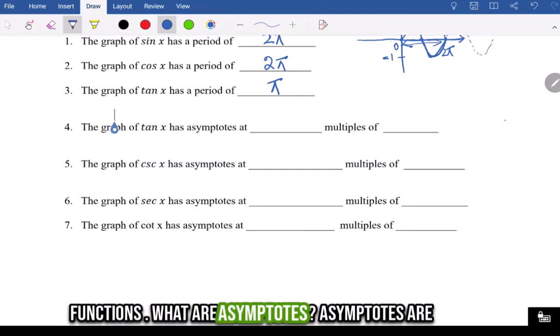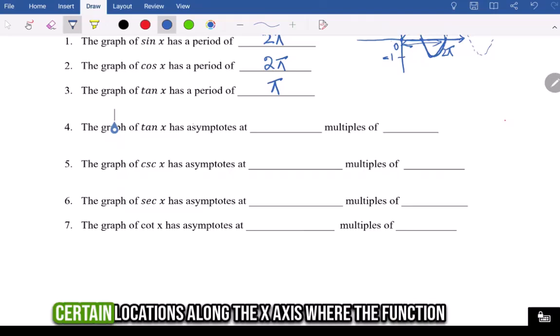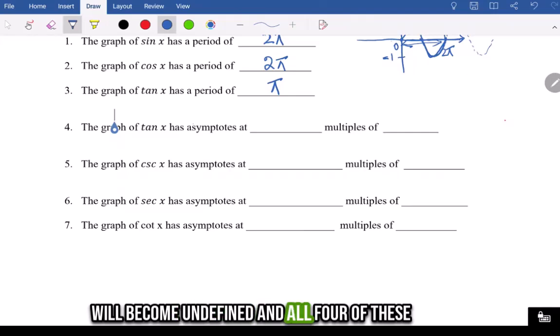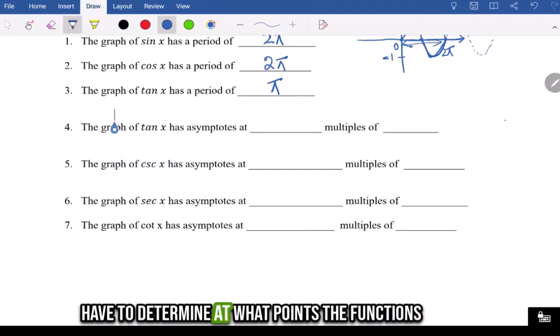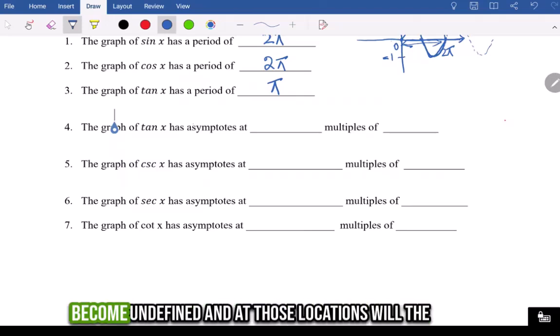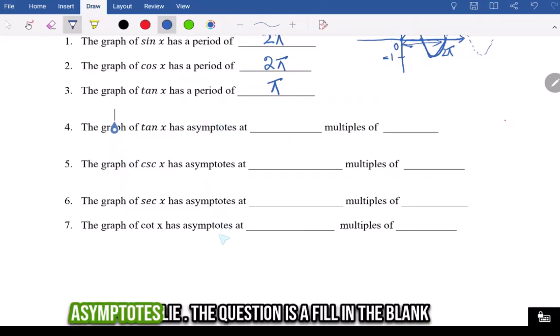What are asymptotes? Asymptotes are certain locations along the x-axis where the function will become undefined. And all 4 of these functions become undefined at certain points. We have to determine at what points the functions become undefined, and at those locations will the asymptotes lie.